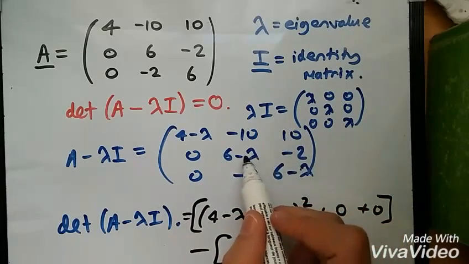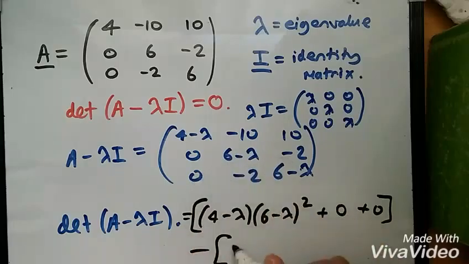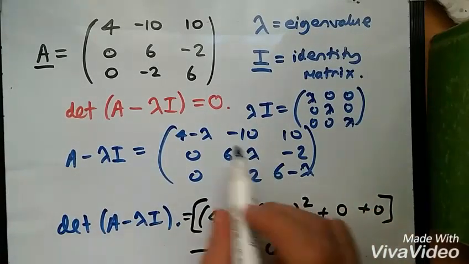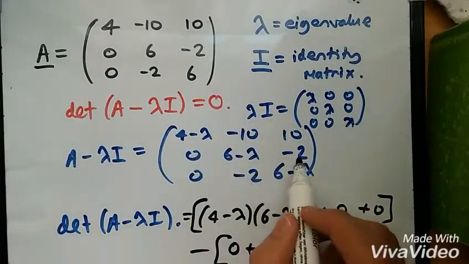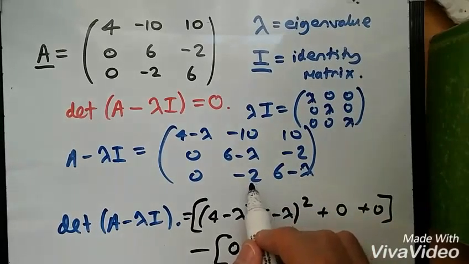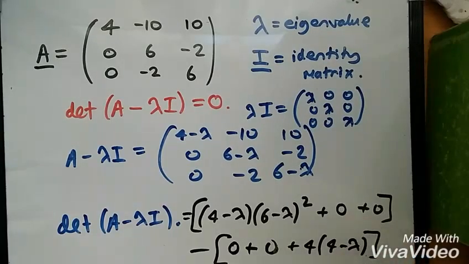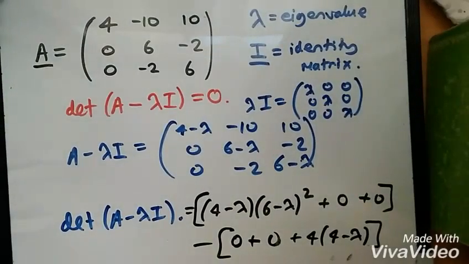So 10 times this term times 0 is 0, times another 0, 4 minus lambda times minus 2 minus 2. So this is the only thing left: this times this times this. Minus 2 times 2 is minus 4. 4 times 4 minus, well, let's just write the whole thing out. And that's it. So now we need to somehow simplify this equation.